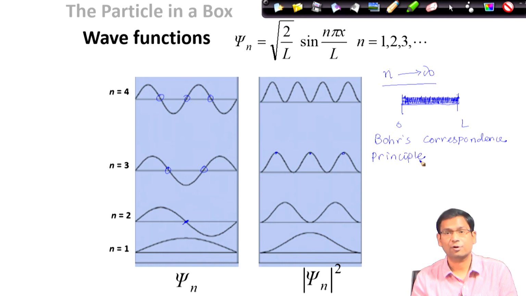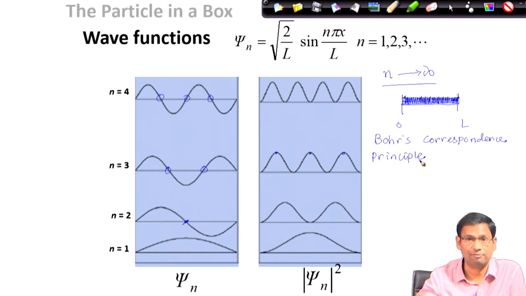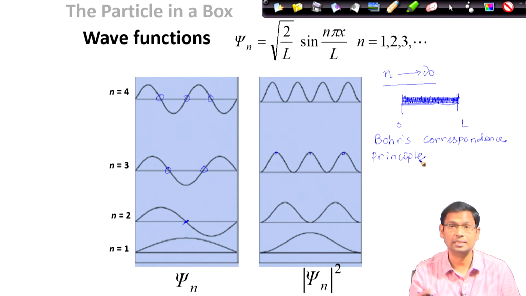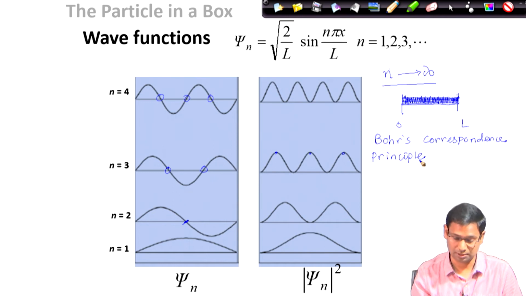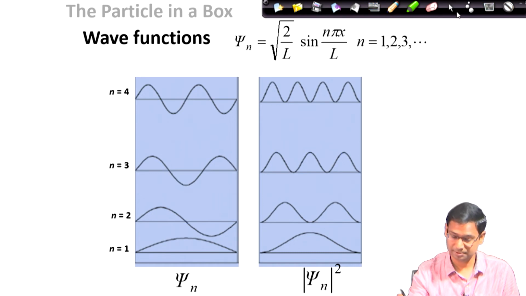This tells that for a quantum mechanical solution, when we go to large values of n, the quantum mechanical solution behaves more or less like the classical solution. And in this case, we saw this to be the case. All right, we will continue our discussion further.